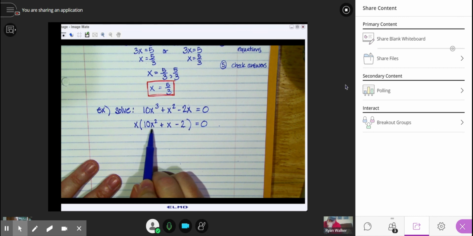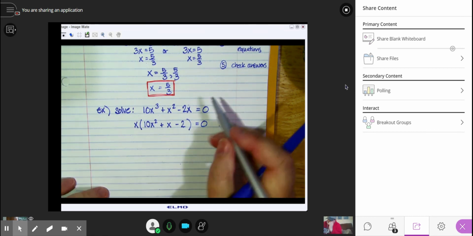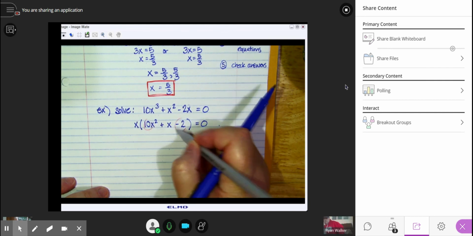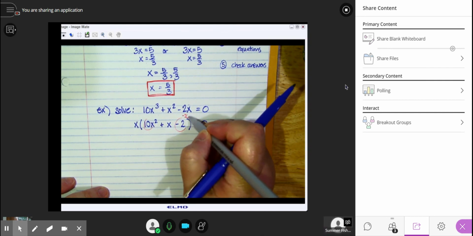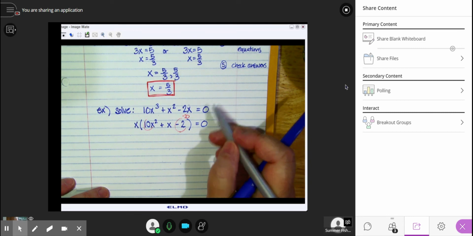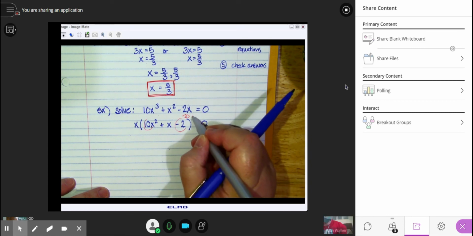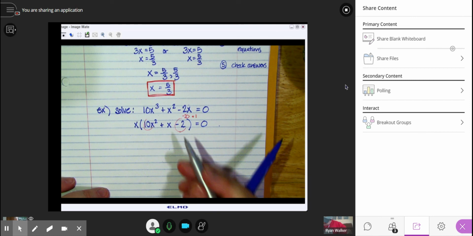Now, the 10x squared, the minus 2, if I use the AC method, I need two numbers that multiply to a negative 20, but add to a positive 1.